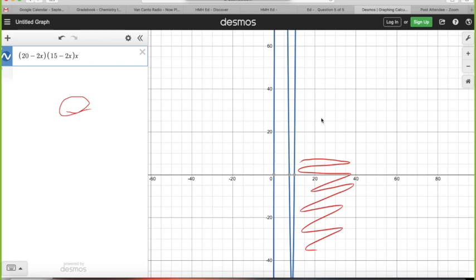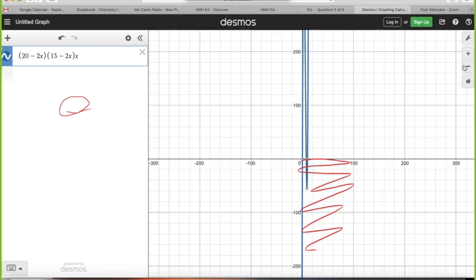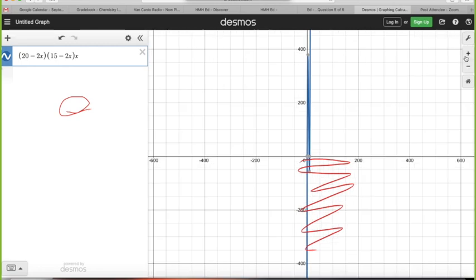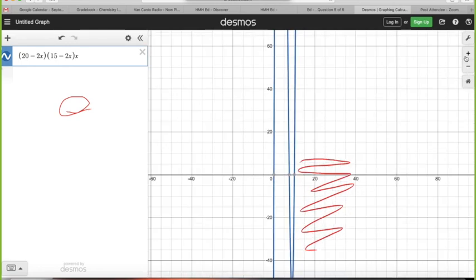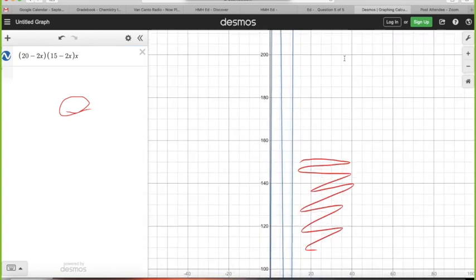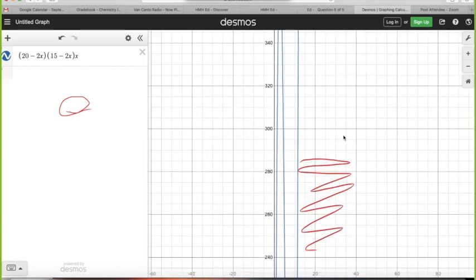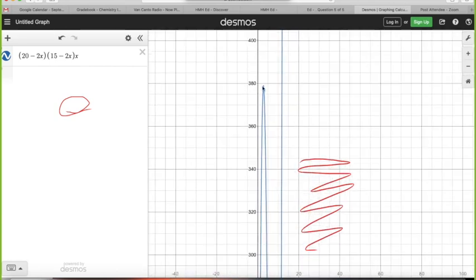So if we go back here, that's 10. I'm assuming that's probably not our answer because that's the one that goes up forever. So that means that this hump is the one that we are really looking at. So here is, whew, that is crazy.